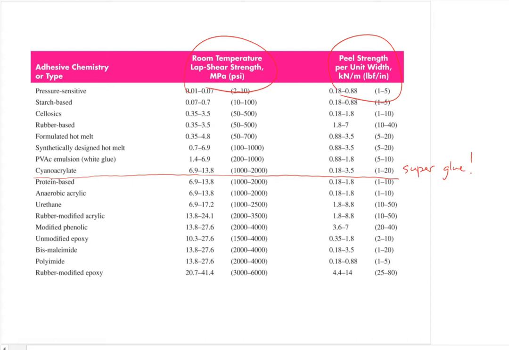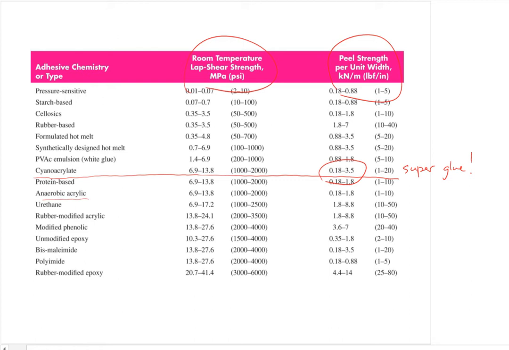So if you want to fix this part in the field using super glue, maybe you want to check if it can actually withstand what you're trying to do right here on the table. And if it can't, maybe there's something else down here like anaerobic acrylic.